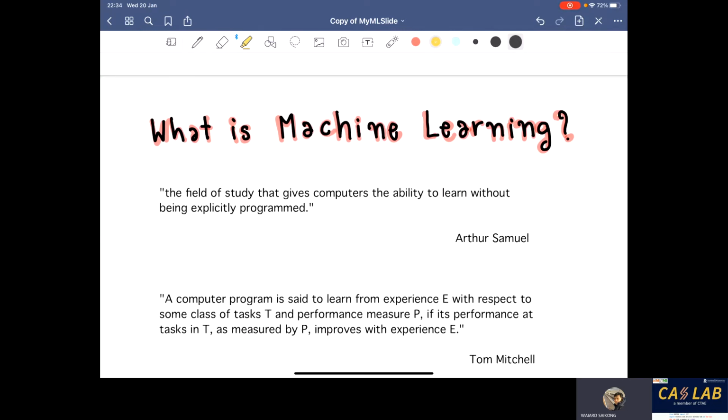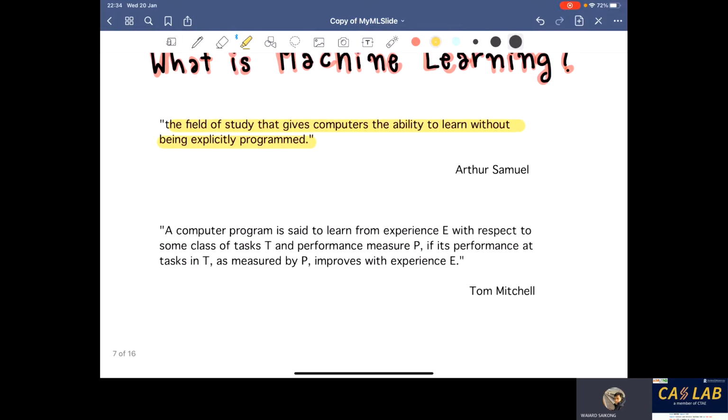What is machine learning? Someone who gave an interesting definition of machine learning: the field of study that gives the computer the ability to learn without being explicitly programmed. That's great. And later, Tom Mitchell gave us a more modern definition.